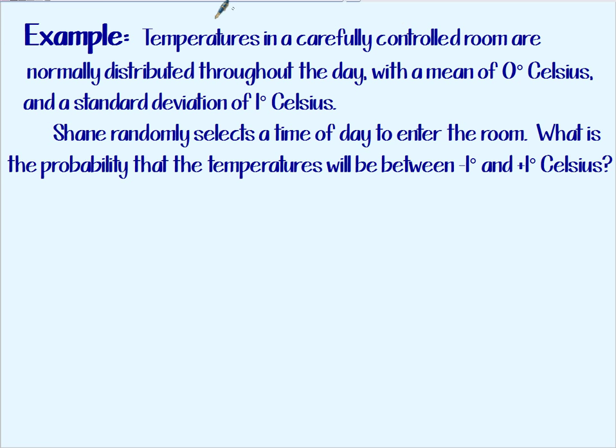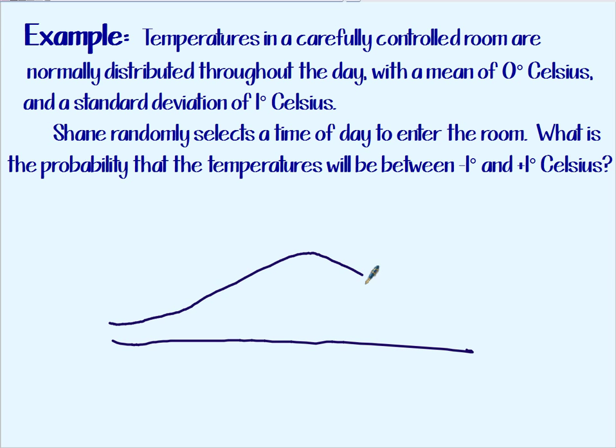With a normal curve, you need to draw a picture. We're going to draw a picture of a normal curve, and that's going to help us a great deal with finding our information and our probabilities. Remember, in the middle of a normal curve is our mean, and the information in the problem tells us that the mean is 0 degrees Celsius.